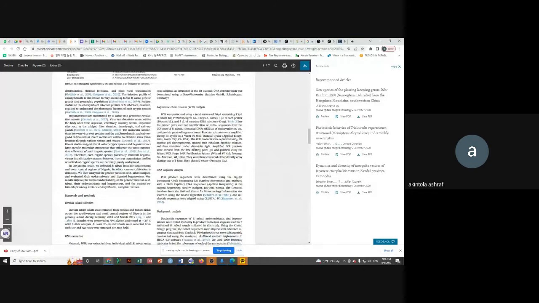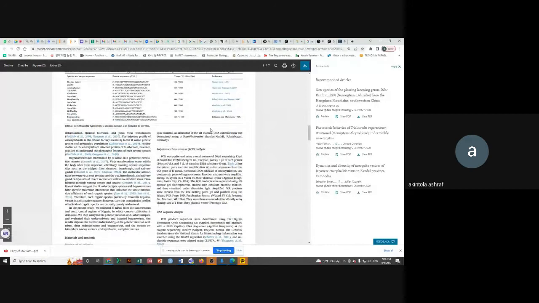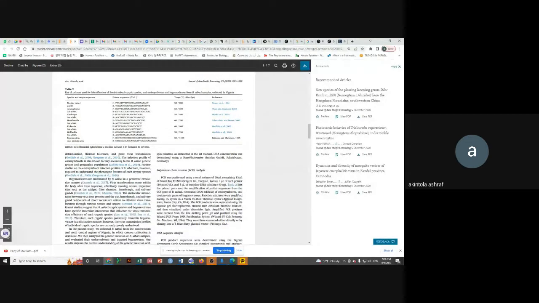Now, the next stage is the polymerase chain reaction, which is the PCR analysis. If you read this procedure, you understand the PCR analysis that I carried out. This table here shows the PCR analysis and also the PCR primers.